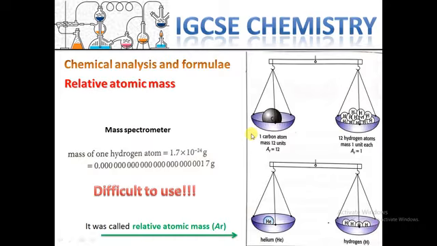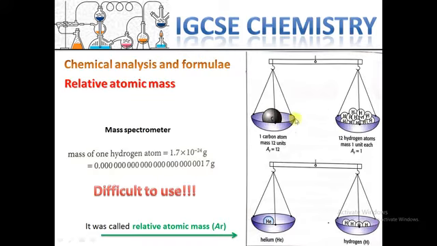They got atomic masses for carbon, helium, and all the rest of the elements. If you refer to the periodic table, you can see that each element has its own atomic mass, but this is actually relative atomic mass, not exact.